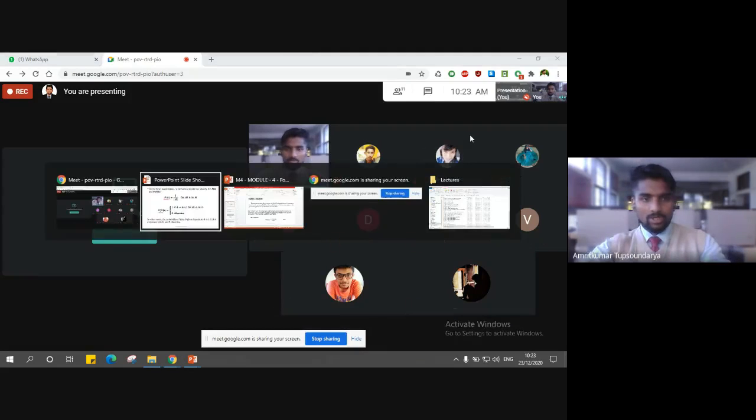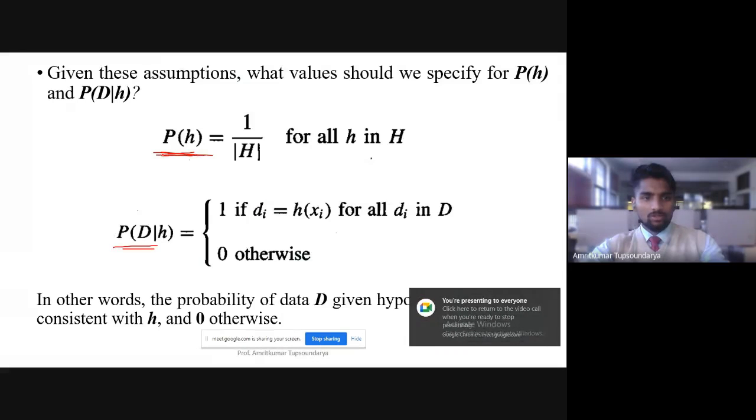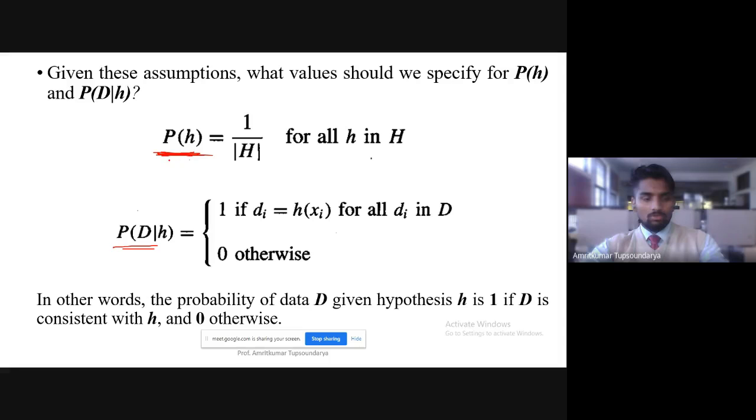Let me show you the slide again. What is P of H? We have already defined this notation. What do we mean by P of H?